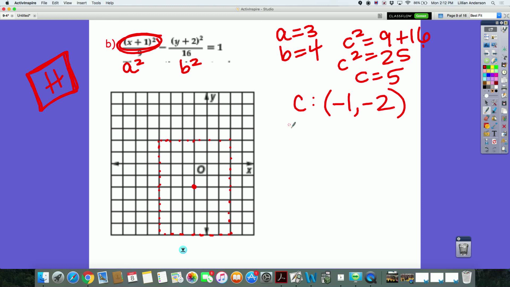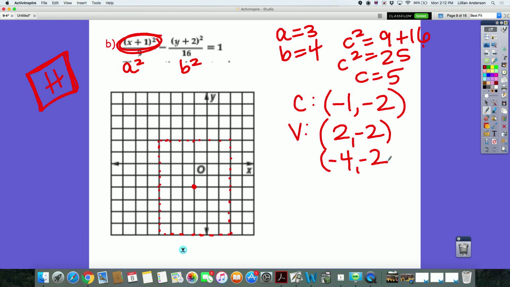Let's find our vertices. We take the value of a and add it and subtract it from the x-coordinate since it is horizontal. If I add it, that gives me (2, -2). If I subtract it, it gives me (-4, -2). So that's where my vertices are located.